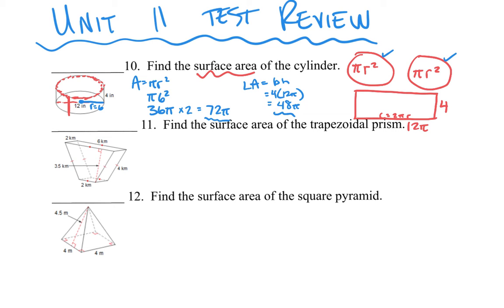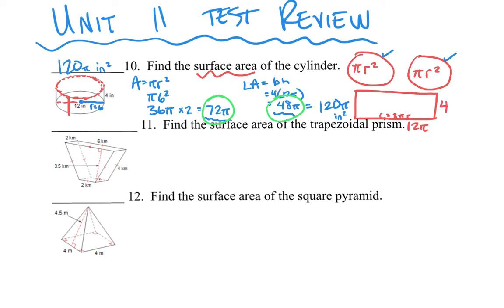We're finding the surface area, so we're just going to add those things together. We get a total surface area of 120 pi, and it's area, so it's inches squared, 120 pi inches squared.